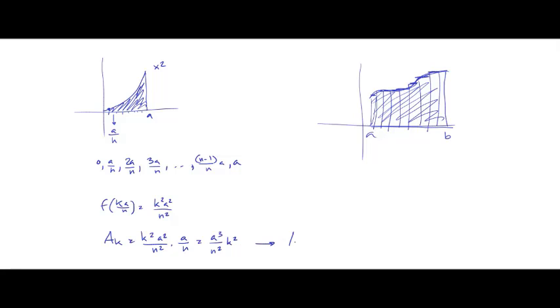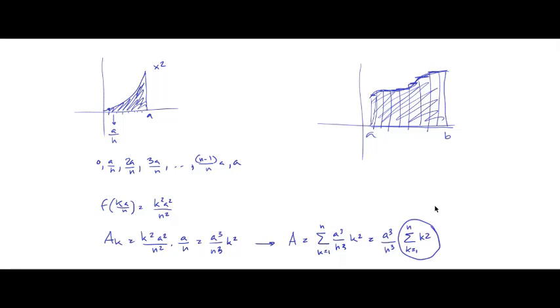And now the total area is the sum from k equals 1 to n of this value, a cubed over n cubed times k squared. And so a cubed and n cubed go out of the sum, and you have the sum from k equals 1 to n of k squared.